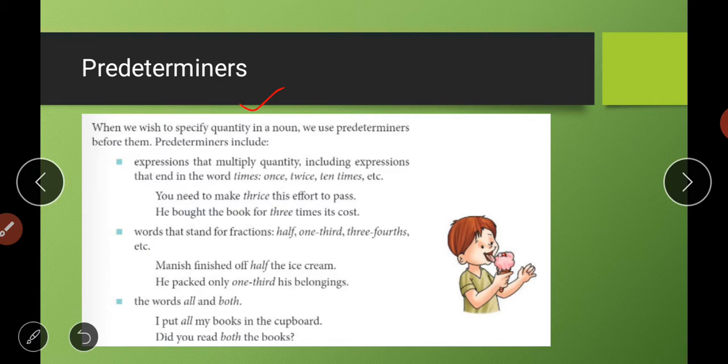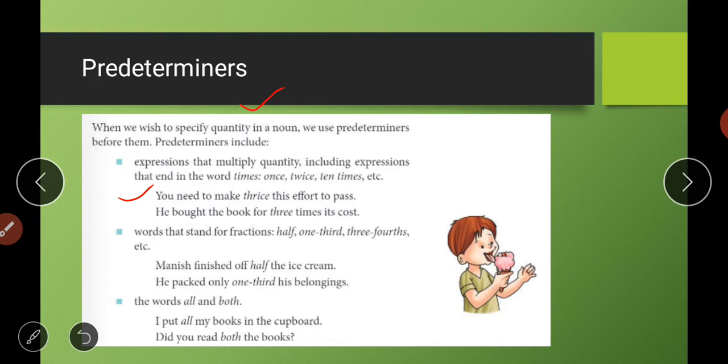So we use that word before the noun. There are expressions that multiply quantity, including expressions that end in words like time, once, twice, 10 times, etc. These words tell about the multiplicity of a particular quantity. Like, you need to make thrice this effort to pass, or write these words thrice to practice.